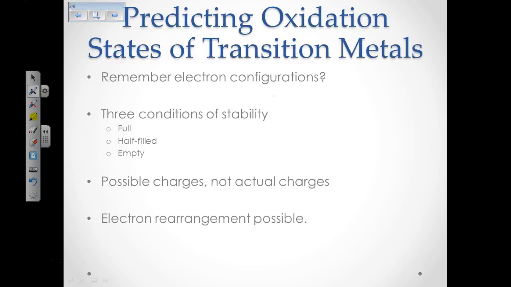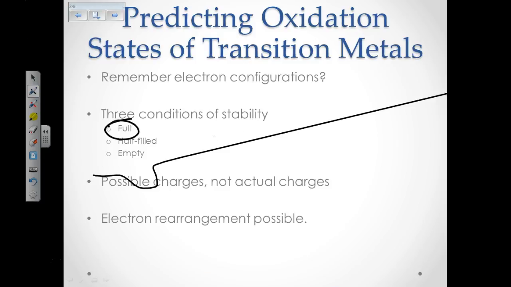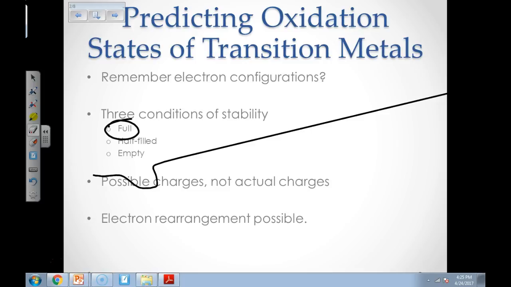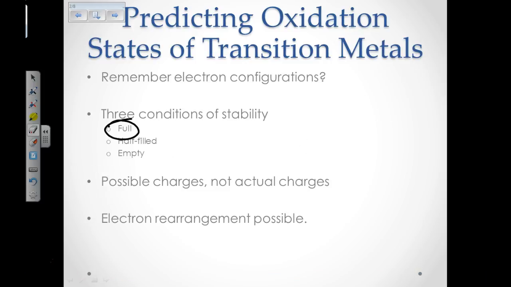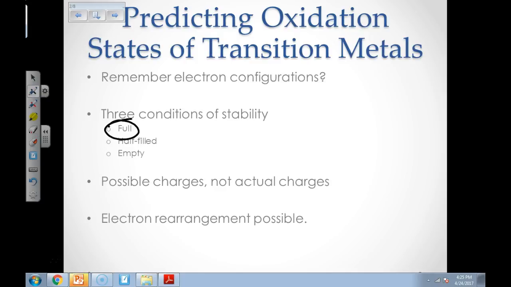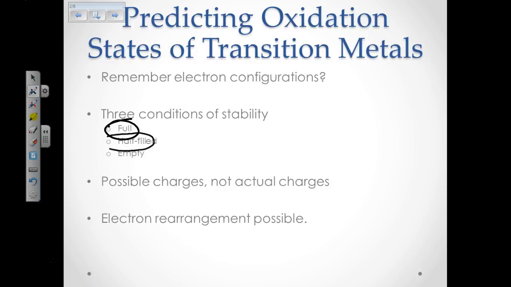There are 3 conditions of stability: when the electrons occupy all of the spaces in a shell, or they half fill the orbitals in a subshell, or that subshell is empty.